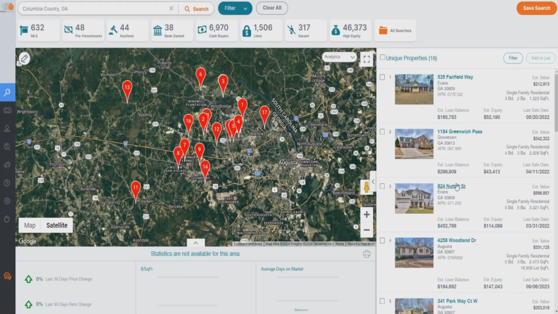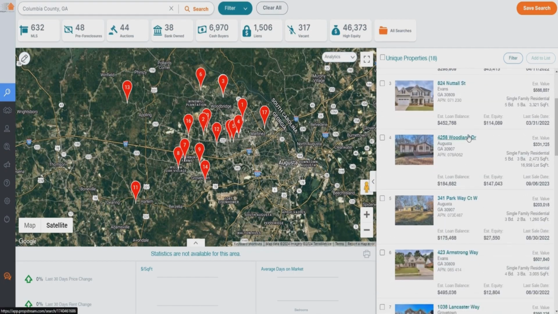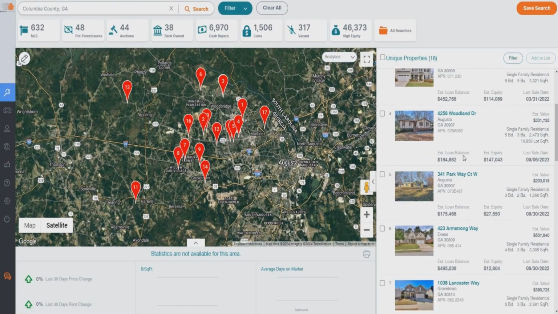So let's keep going. I want to see if we can actually find us a perfect subject to deal. This one here has about $100,000 worth of equity, so we're going to skip that one. We're going to skip this one.